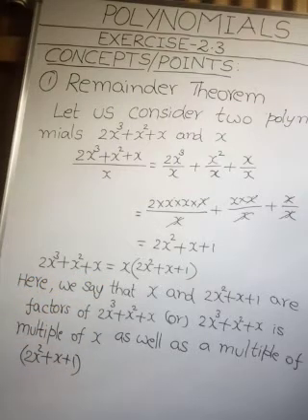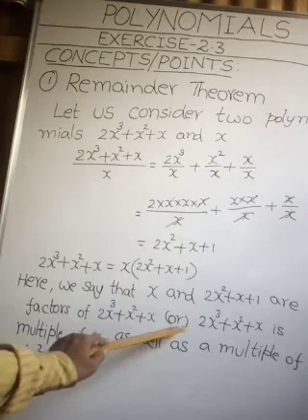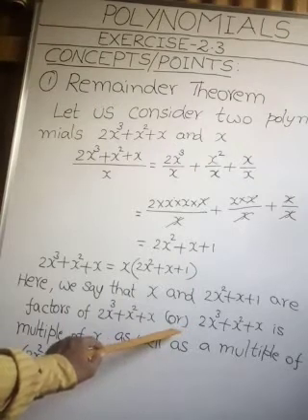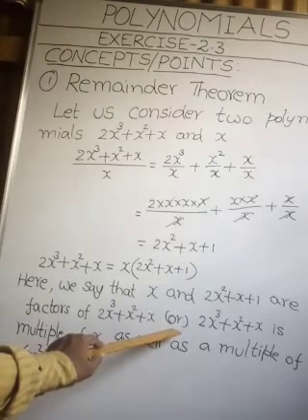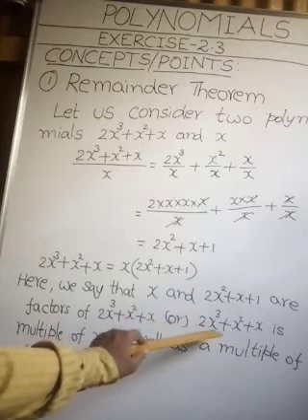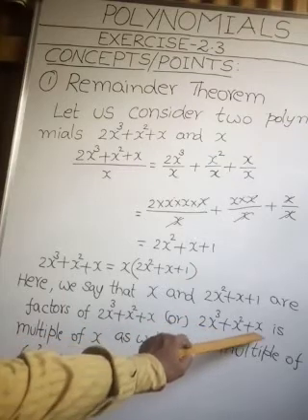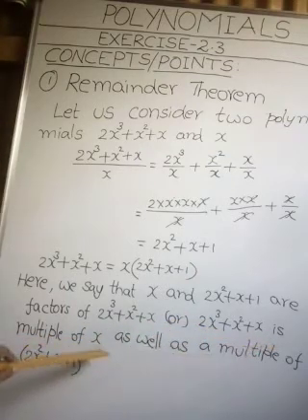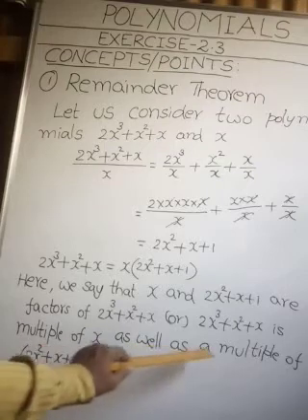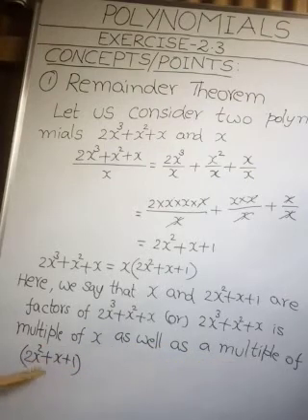Understood this point, my dear children? Or we can say the same fact like this also: 2x cube plus x square plus x is a multiple of x as well as a multiple of 2x square plus x plus 1. Understood this point, my dear children?